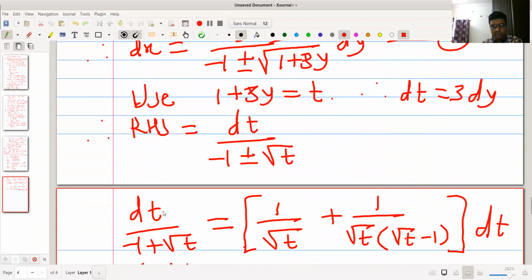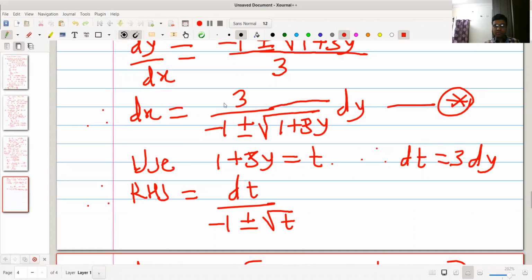And now using the minus sign. Okay, so we have two equations: dx equal to 3 divided by minus 1 plus square root, and another is minus 1 minus square root.